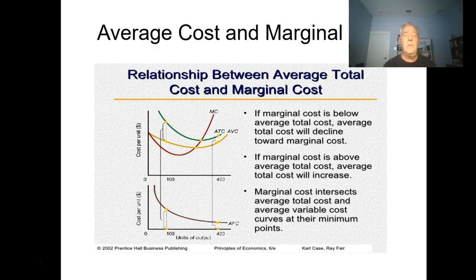So marginal cost is above average total cost, and marginal cost is above average variable cost. Where it intersects those two curves are the sweet spot for a corporation where they want to do their production.